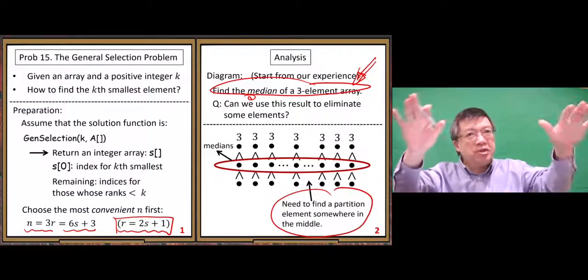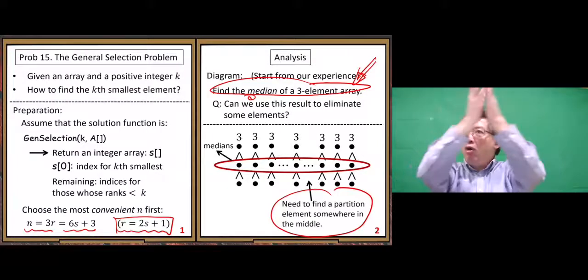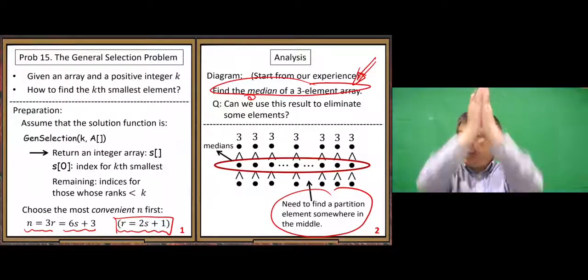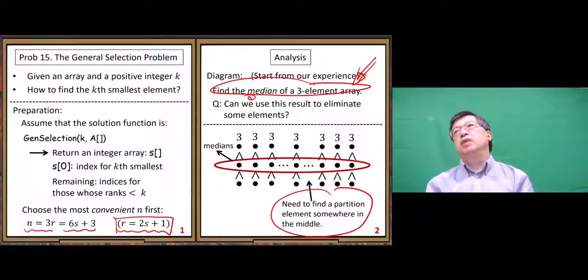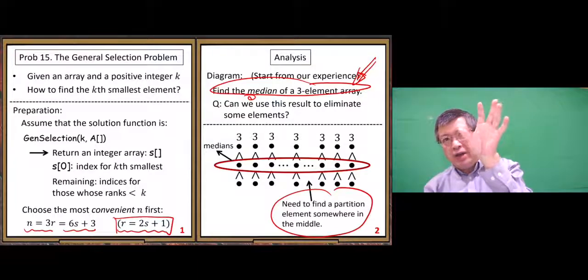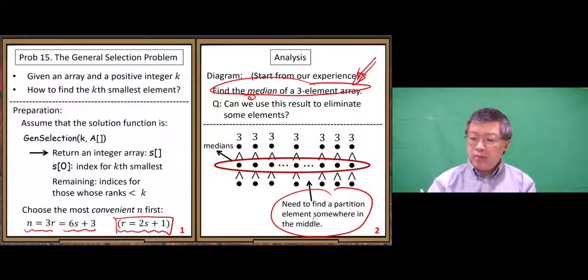Based on the balancing principle, the more balanced division we can do, the better the overall performance. So that's the reason we want to find the special partitioning element somewhere in the middle.